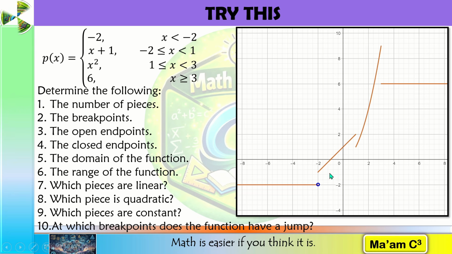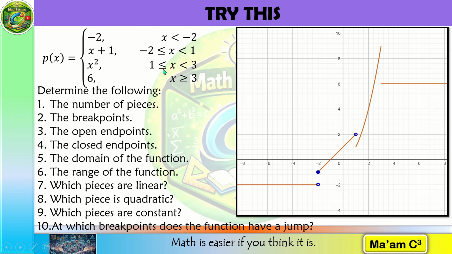Negative 2, negative 1. So this endpoint is a closed circle. While this one is an open circle, if x is equal to 1, 1 plus 1 is 2. So at x equal to 1, y is equal to 2. This one is an open circle.